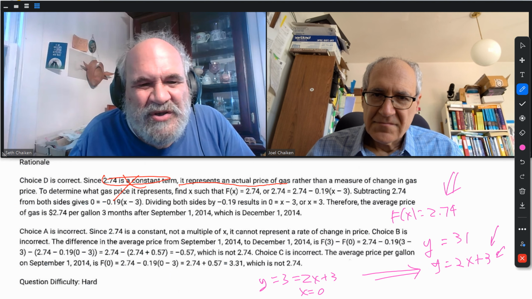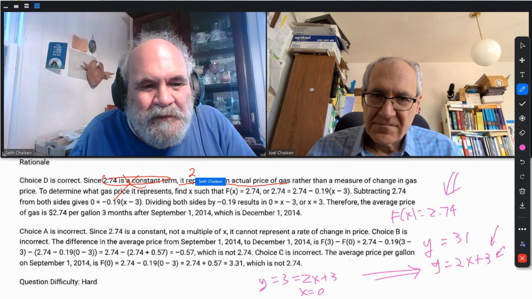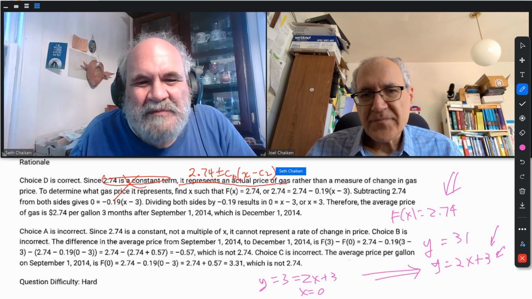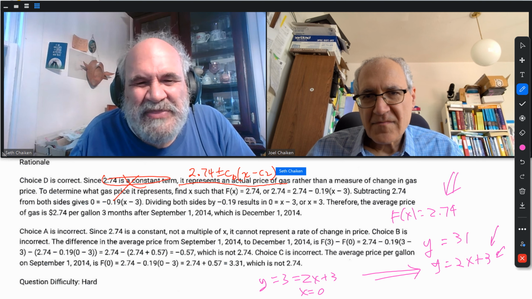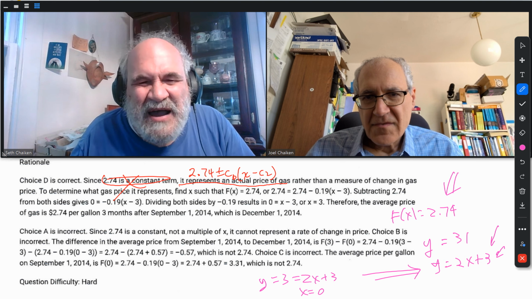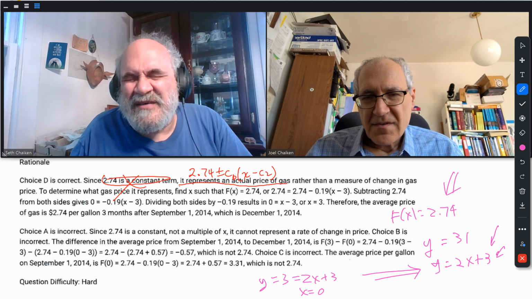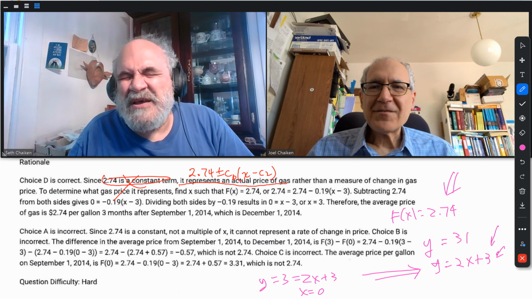I thought of it because it is the term that appears in this form: the term plus or minus some constant times x minus another constant. It's an interpolation form.